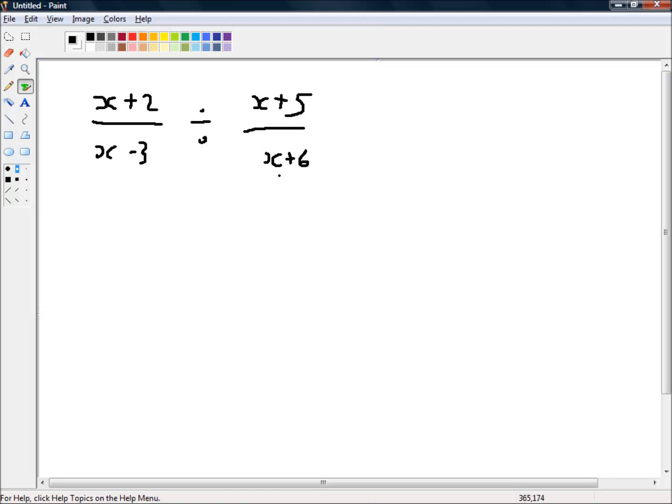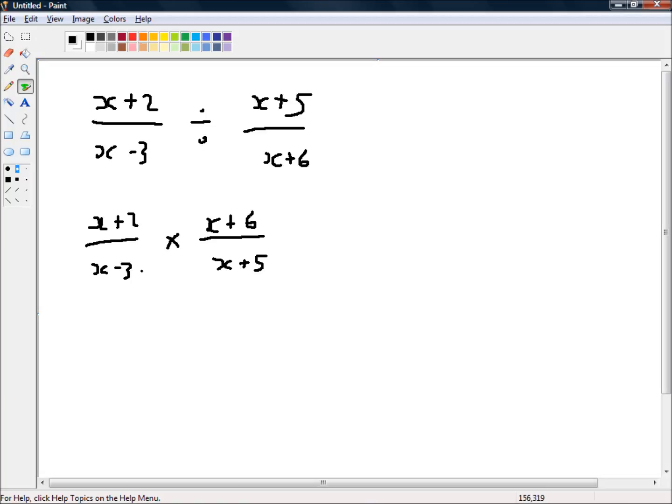Okay, so our first job is invert and multiply. So let's say that's x plus 2 over x minus 3, and we're multiplying by x plus 6 over x plus 5.